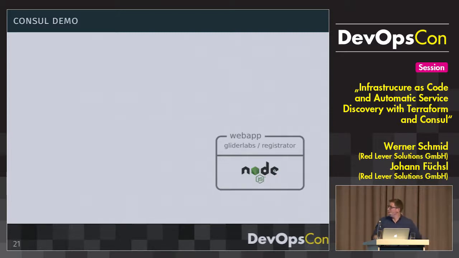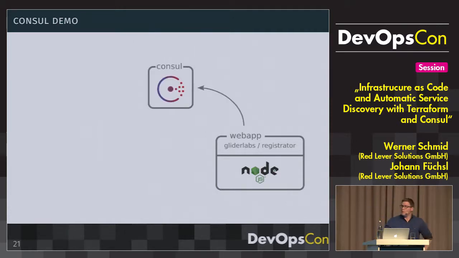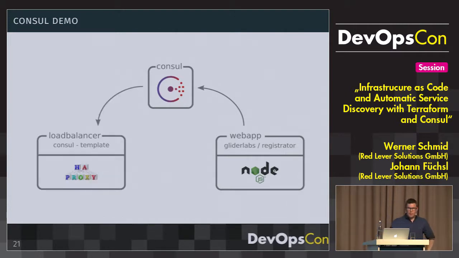We have the web app which runs in a Docker container conveniently, so we just deploy the registrator container with it and are golden. This will register each web app in Consul, and then Consul template will take care of the rest, configuring HA proxy and keeping it up to date.